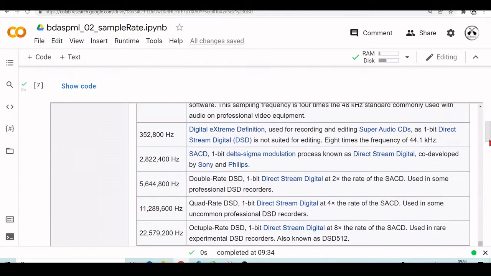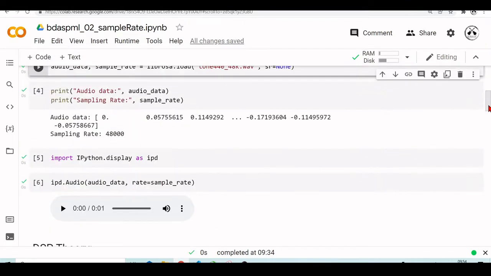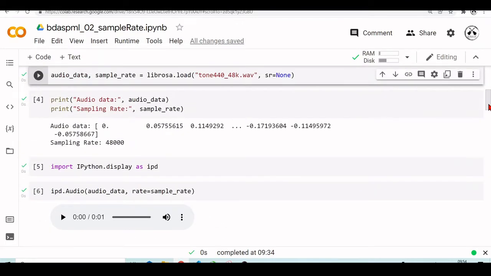Another thing that we need to understand is the bit depth. As I mentioned, there are some numbers here and they would represent the audio data, but we need to decide, as I mentioned also with quantization, how to store this data.